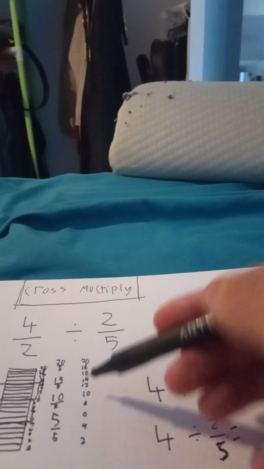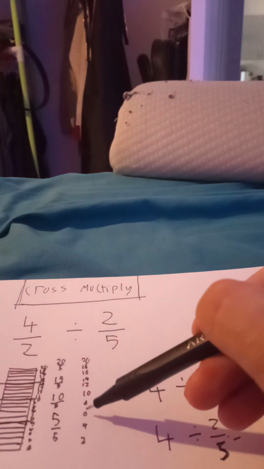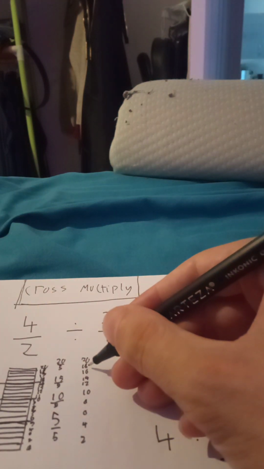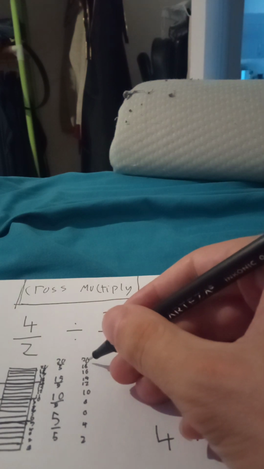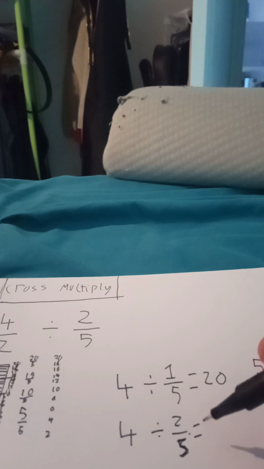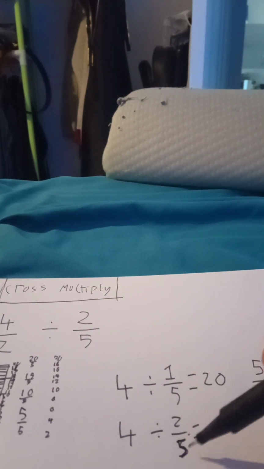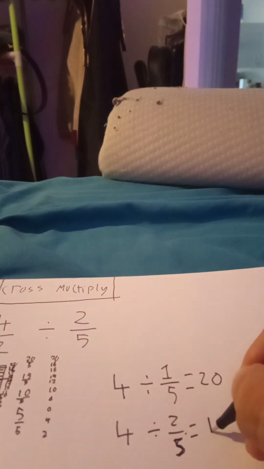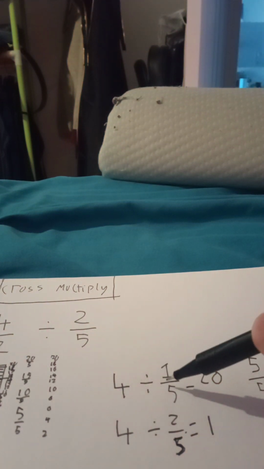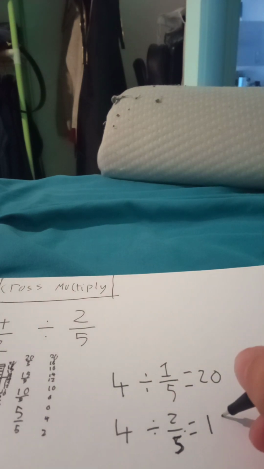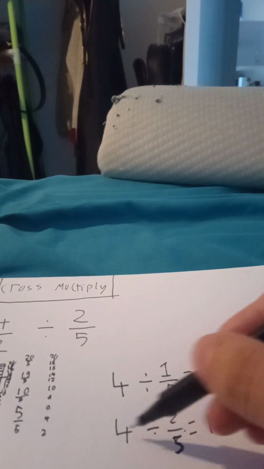Instead of taking 20 steps, we took 10 steps in total. This should make sense because we're dividing 4 by 2/5 this time. So if 4 divided by 1/5 was 20, 4 divided by 2/5 will be 10, because we're dividing by a bigger number.